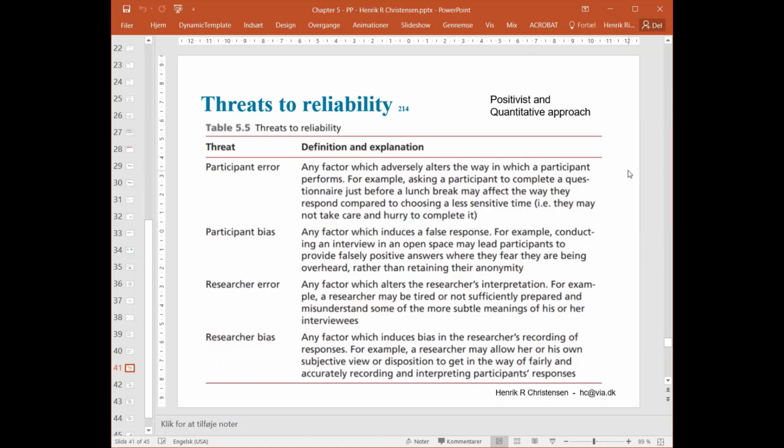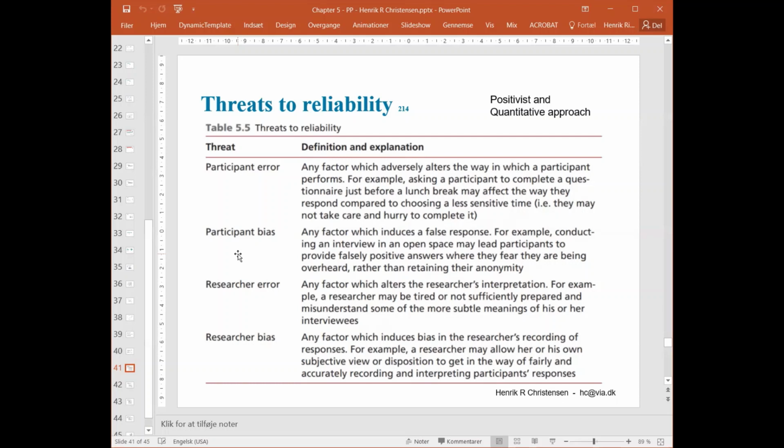And right now we have lots of geopolitical issues as well. So if you ask questions or make surveys to people where two weeks ago they wouldn't think about geopolitical issues, they might now, and therefore that general opinion might be altered simply because we have an incident that is taking up people's time. Then we have also participant bias, any factor which would induce a false response.